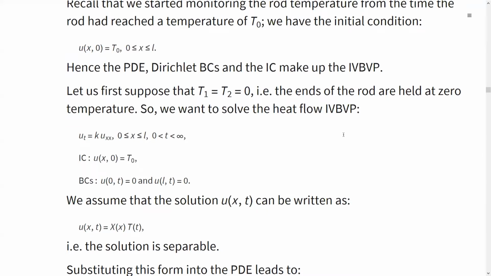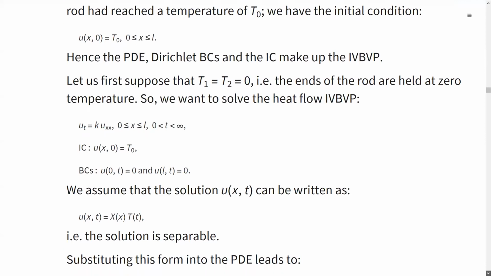Let us first suppose that T1 and T2 equal 0. So now we are solving this problem, and also assume that the solution can be written as X of x times T of t. In other words, we assume that the solution is separable.